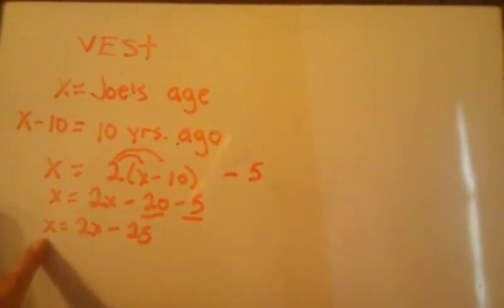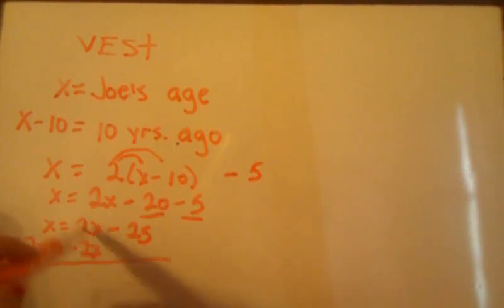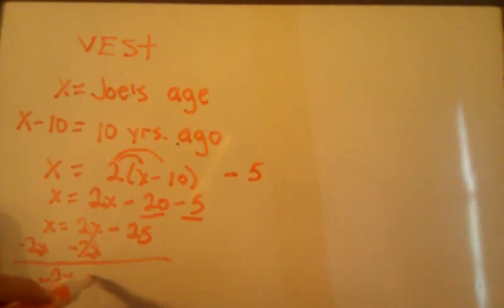Which terms are alike? These are alike. So I have to subtract the 2X. Minus 2X, minus 2X. These cancel out. Oh, I'm sorry.